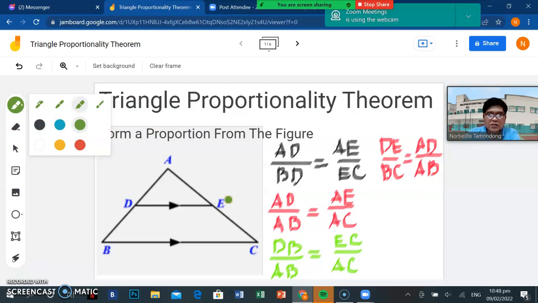Okay, so you can also use this part also. DE is to BC equal to AE is to AC. So there are many proportions you can form from this triangle. So let's now apply solving parts of a triangle.